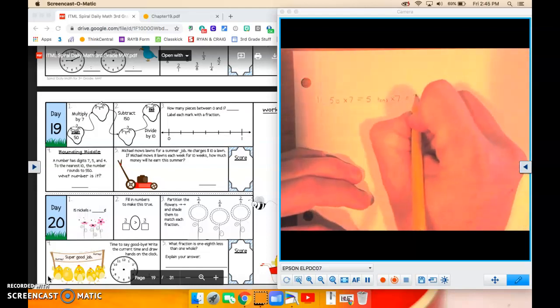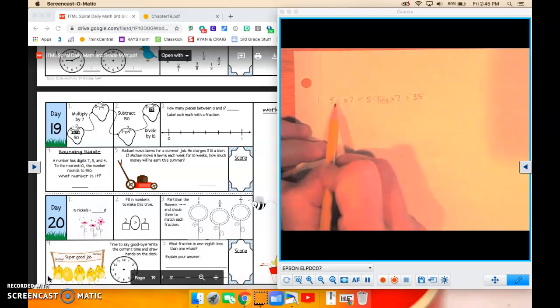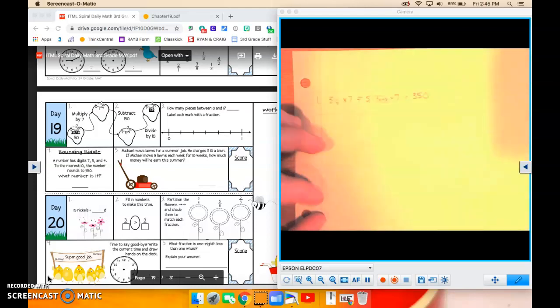So 5 times 7 equals 35, right? So the word tens has to be flipped back to the 0 now. So there we go, 350. So 5 tens times 7 is 35, so 50 times 7 is 350.